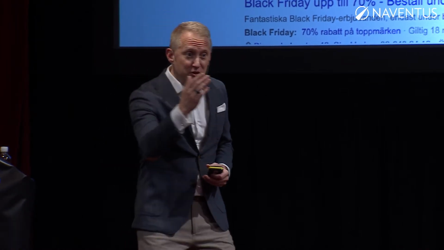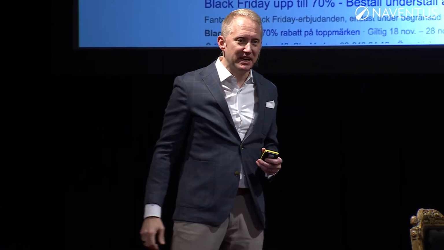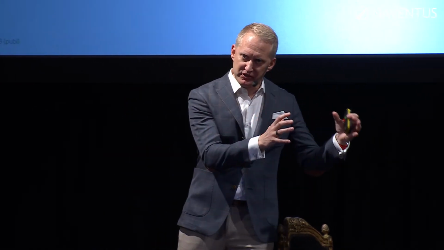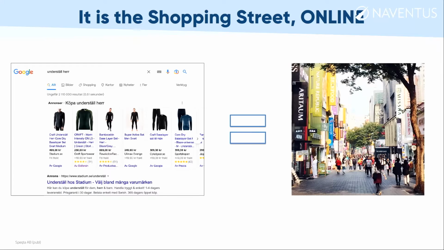So if you are an e-commercer today, how the bleep are you going to understand how to manage this? Because there are so many variables at stake here. Well, see it this way. This search results page is exactly what we had out on the streets, on the shopping streets.